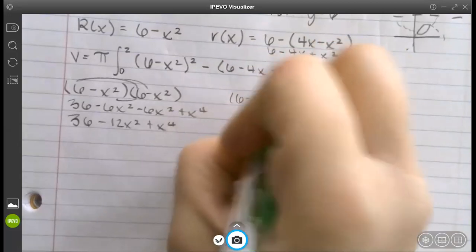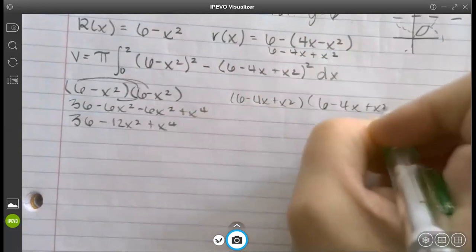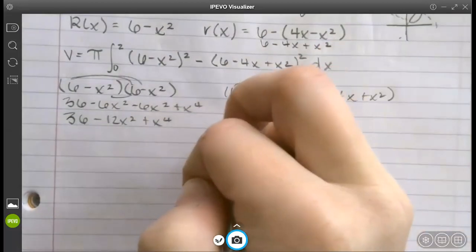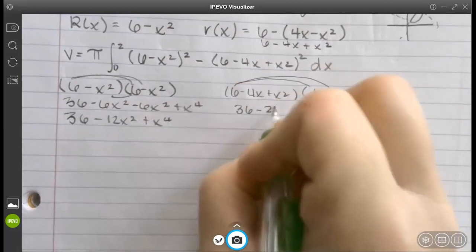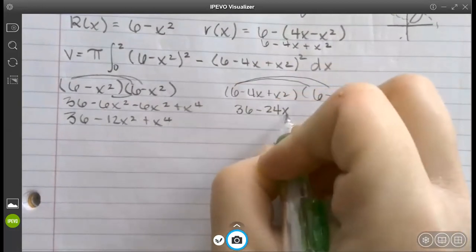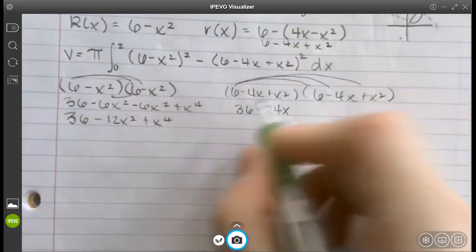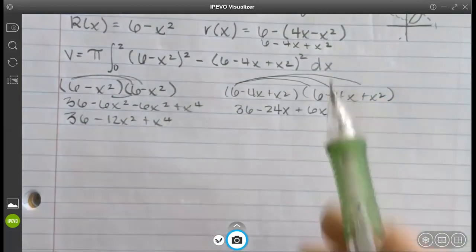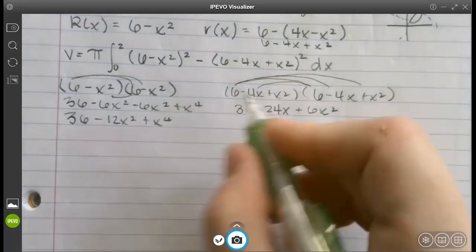Now we got to multiply the other one. 6 minus 4x plus x squared, 6 minus 4x plus x squared. 6 times 6, 36. 6 times negative 4x. 6 times x squared, 6x squared. Then do your middle one, negative 4x times 6.